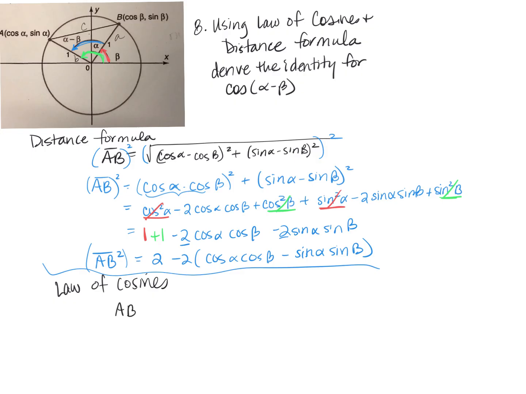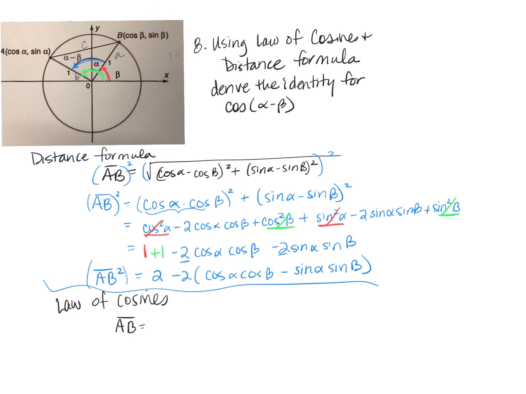So the length of AB based on the law of cosines is going to be like, little a, little b are my sides, right? So I'm going to have a squared plus b squared minus 2ab times the cosine of the difference, alpha minus beta.